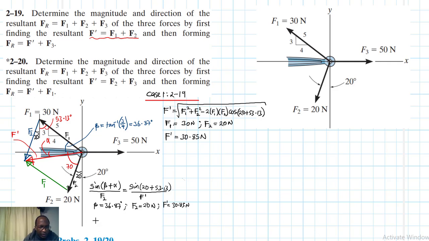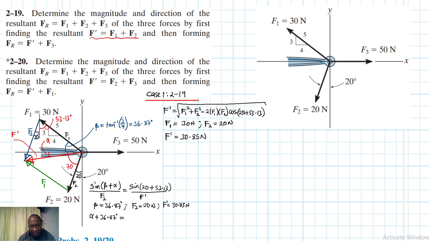Okay, therefore, making alpha plus beta subject of the formula, alpha plus 36.87 is just going to be equal to, doing the calculations there, multiplying F2, that's 20 sine of 20 plus 53.13, divided by F prime, which is 30.85.